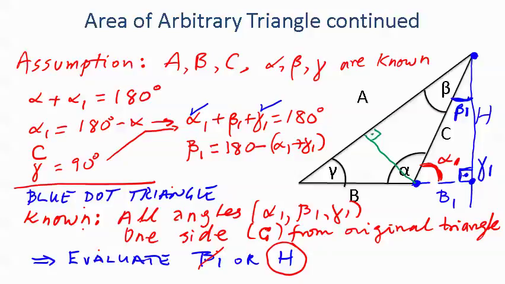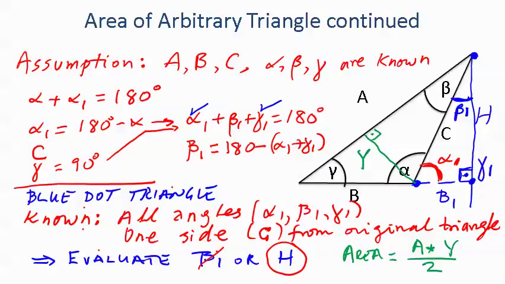So if we apply the theory that we have, we could say that the area of this triangle will be equal to the product of side A times the perpendicular on that side, let's call this perpendicular y, divided by 2.